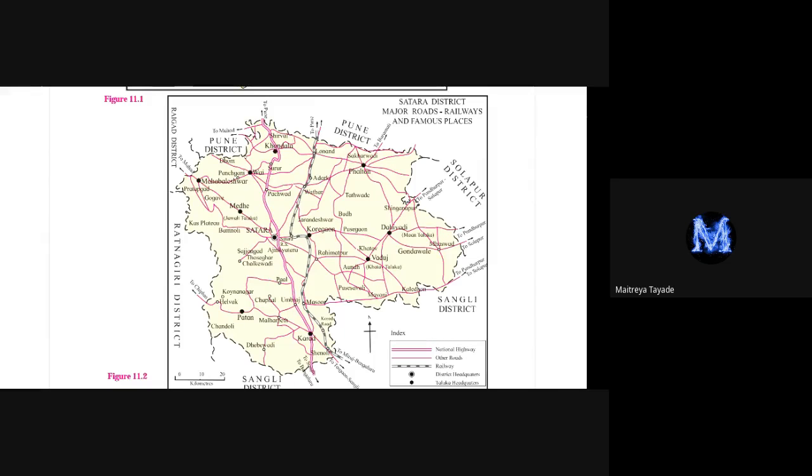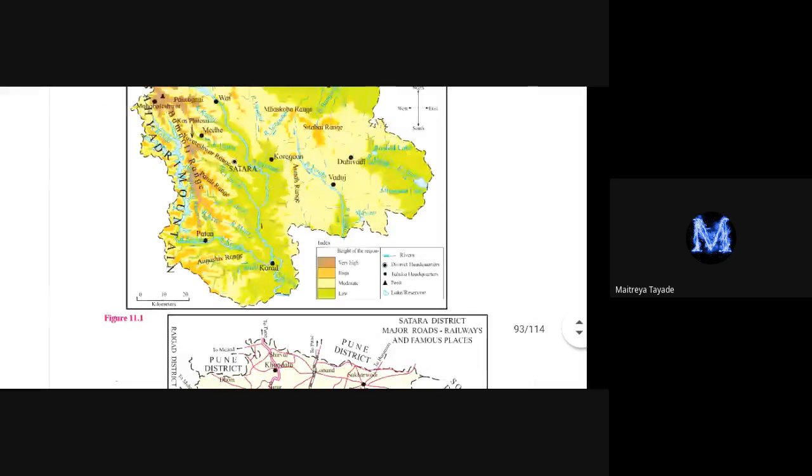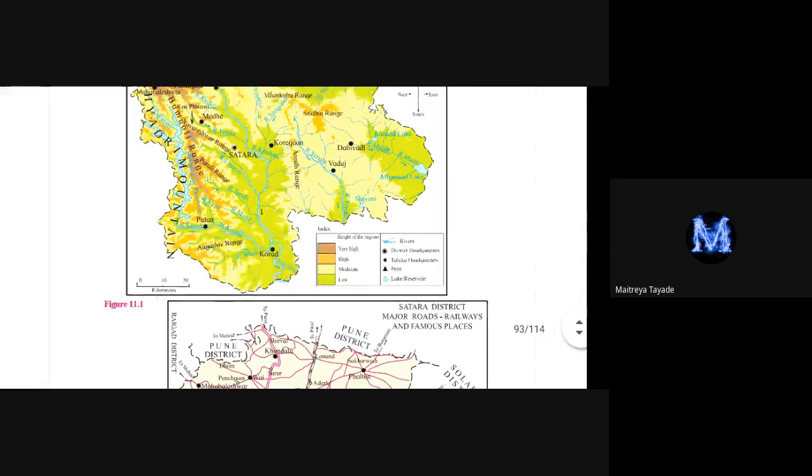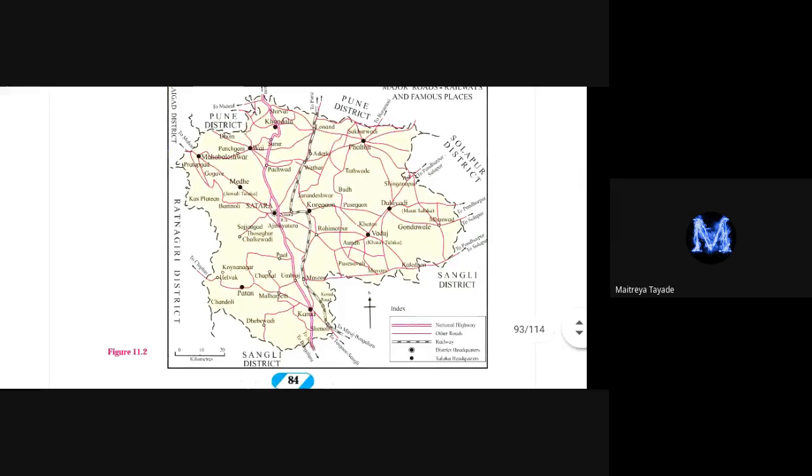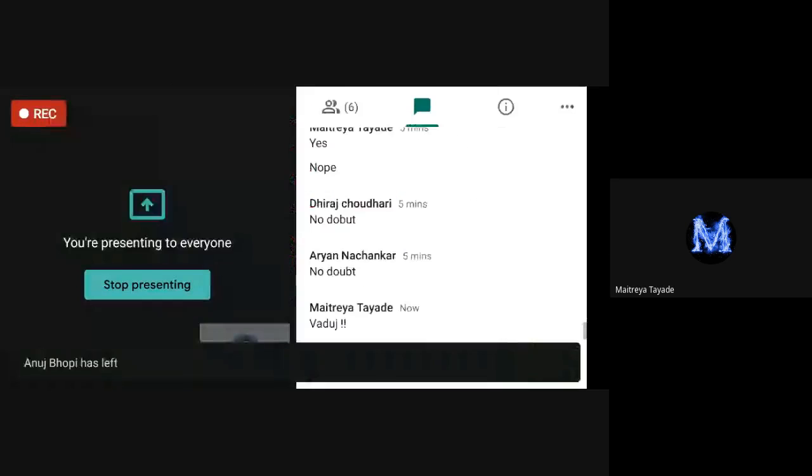Can anybody tell me which regions have a dense network of roads? Here is the map of Satara. Are you able to understand?